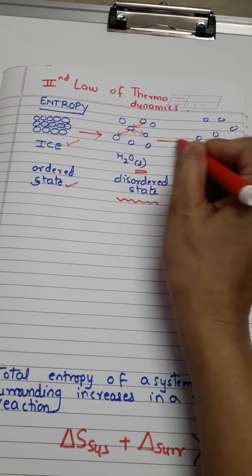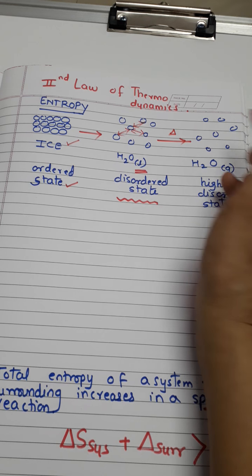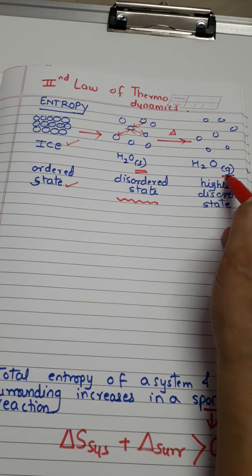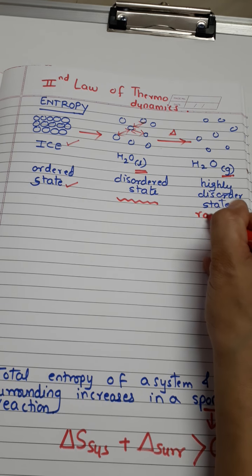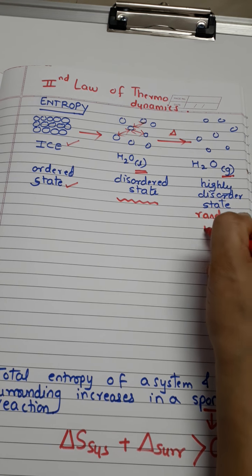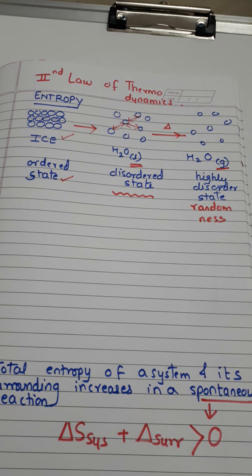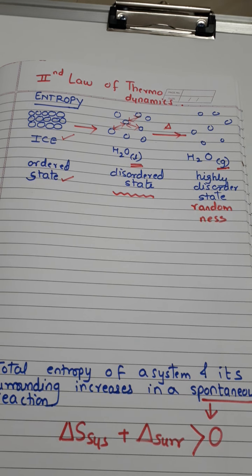But when the same water is heated further, we get gas. In gaseous molecules the degree of randomness is more, and this extent of randomness is called entropy.